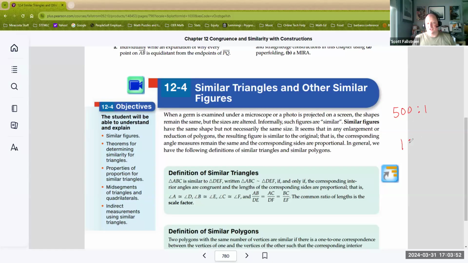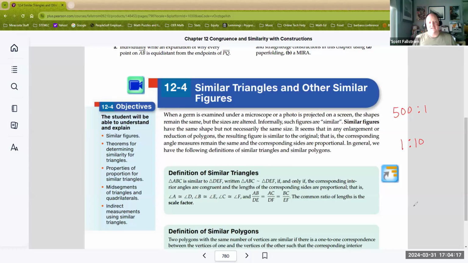You could also have a ratio of something like 1 to 10. So 1 inch in reality is 10 inches here. And if you're thinking about things that are very, very small, like cells or bacteria or viruses, then we have a scale factor that indicates that what we're looking at is extremely blown up.